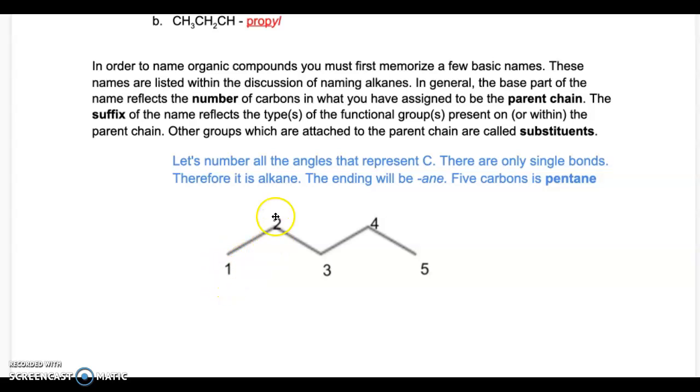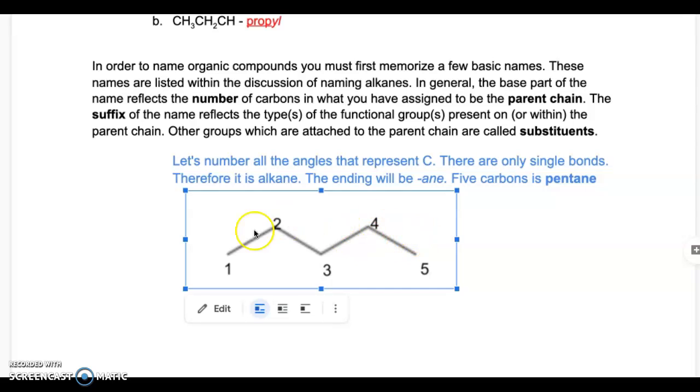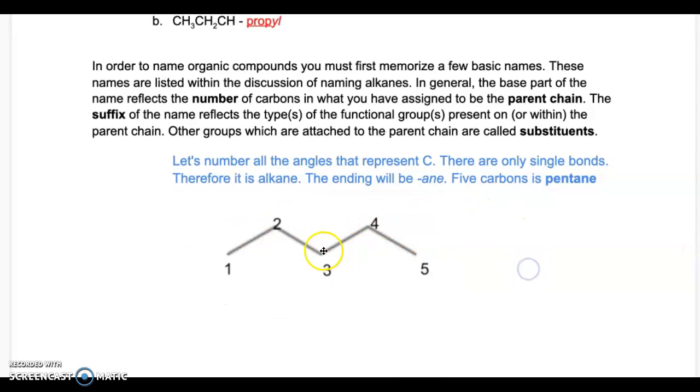I put numbers for you, but you don't need to number every single one of them. It's probably not going to be numbered for you. You can number it just to make your life easier, to make sure you understand how many carbons are over there.